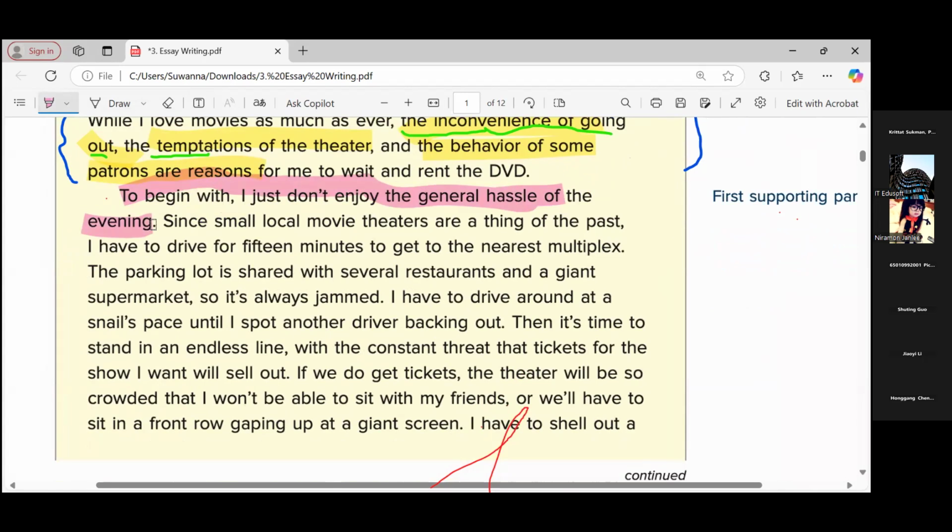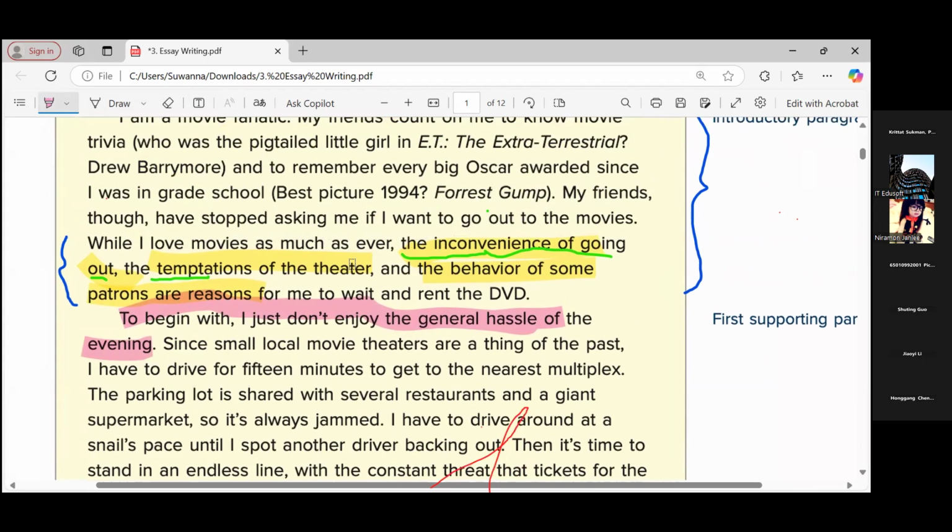That supports the first point in the thesis. The writer mentioned the inconvenience of going out, it means that he finds it difficult, or maybe a hustle, having to go out for the movies or for the theaters, right? That's why he mentions the general hustle.